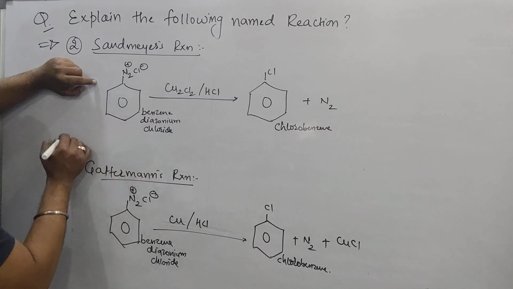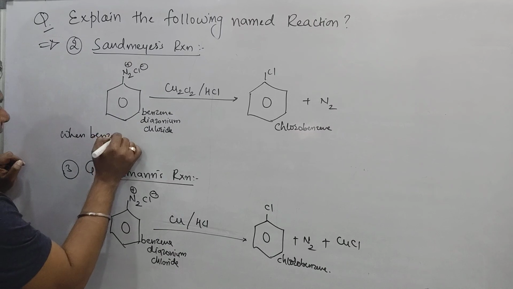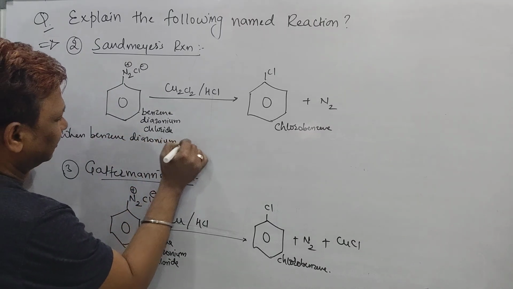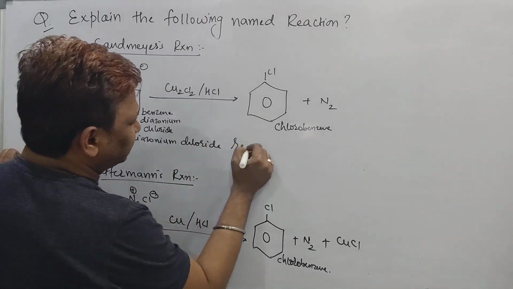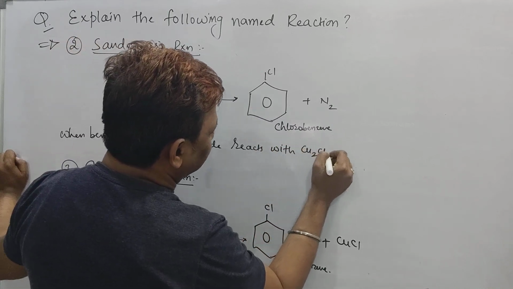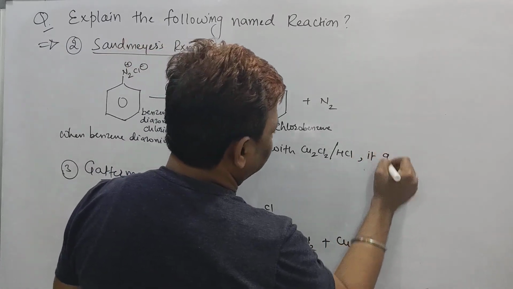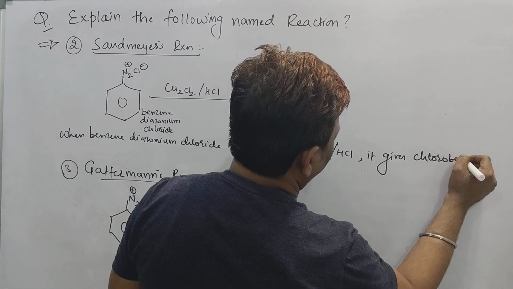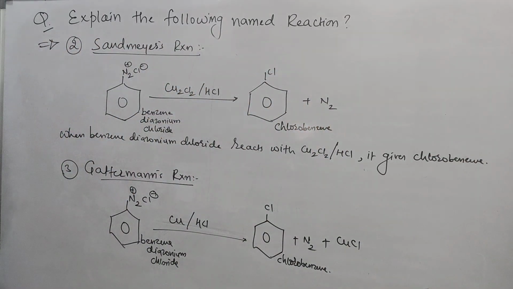When benzene diazonium chloride reacts with Cu2Cl2 in presence of HCl, it gives chlorobenzene. What it gives beta? Chlorobenzene.